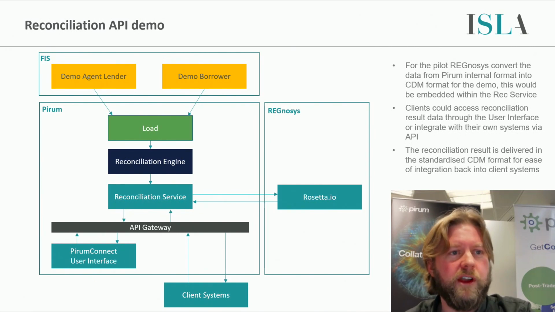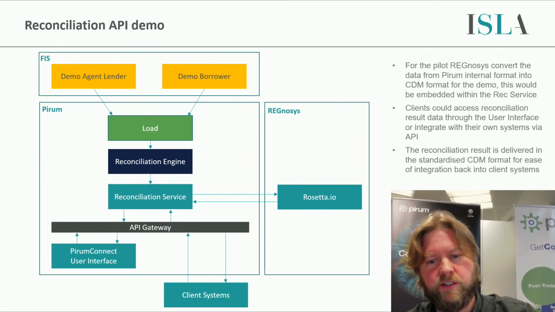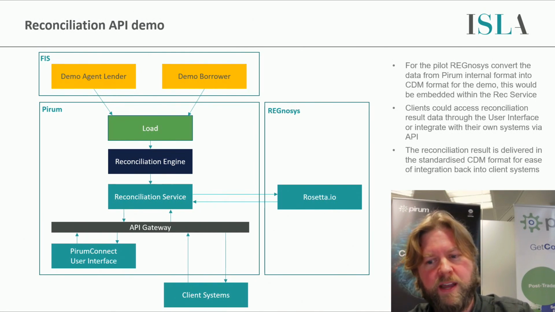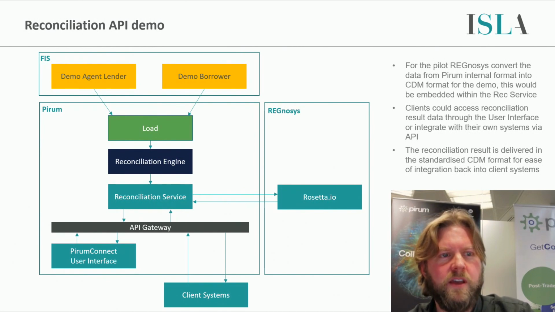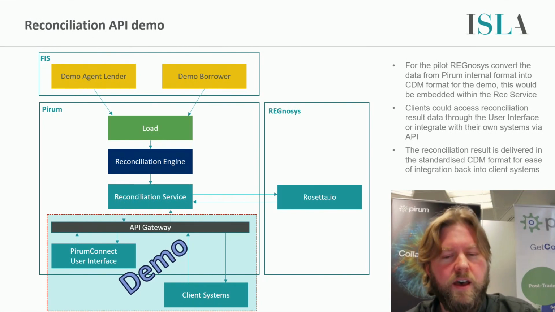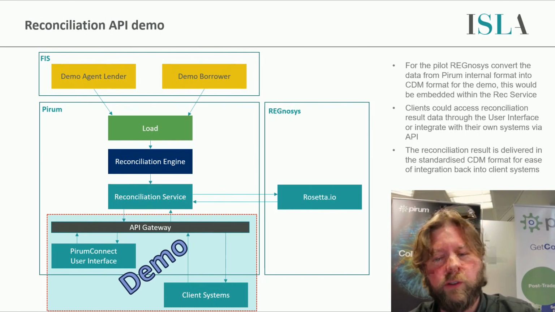If we were building this rec for real, of course, we would build the translation to the CDM, but for the demo, we then call Rosetta's API that Regnosis have built for us. That translates the PIRM standard data format into CDM data format. And then in terms of actually viewing those breaks, as we're about to demo, clients can come into us via two mechanisms.